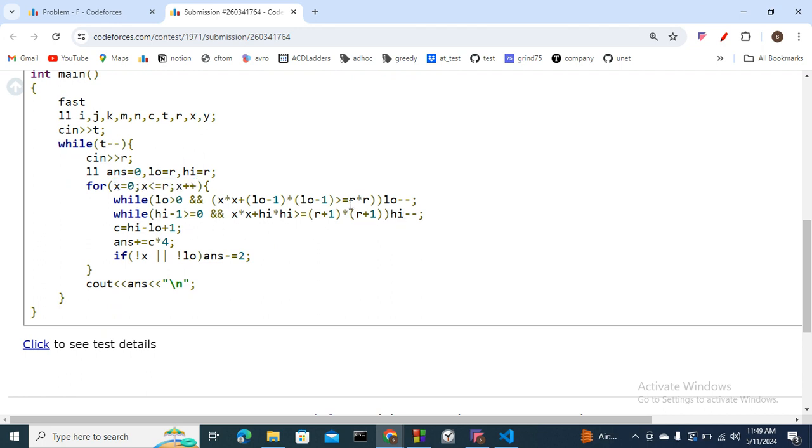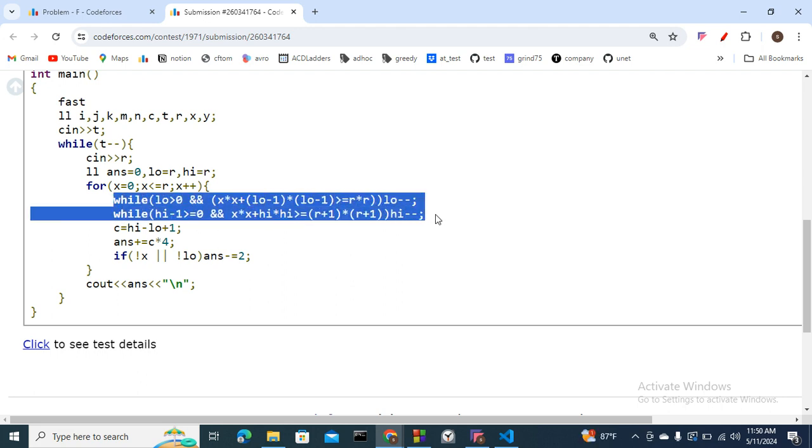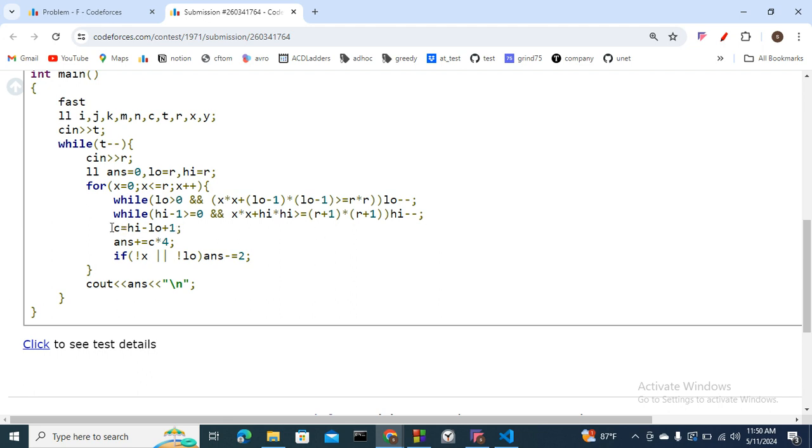Then we are fixing low and high values using two pointer or any other approach. I have used some approach like two pointer. Then we have calculated the number of points of y which satisfy the condition. Then I have added it to the answer.